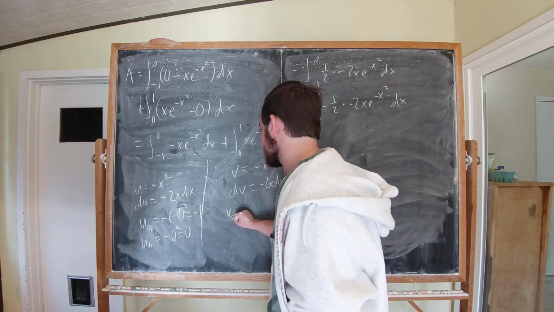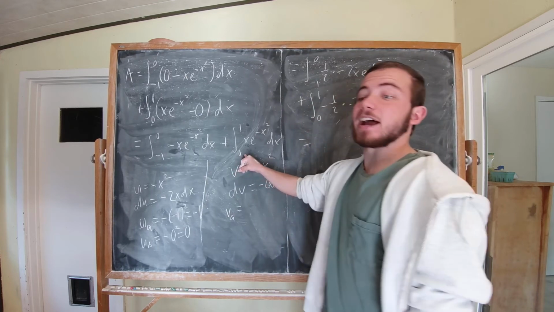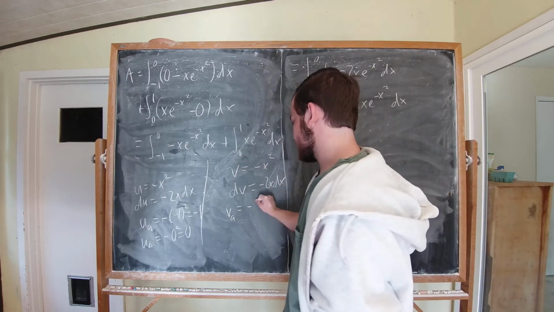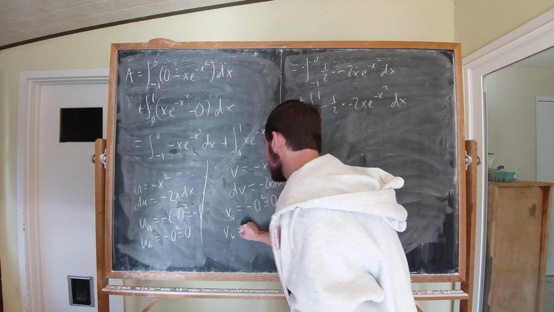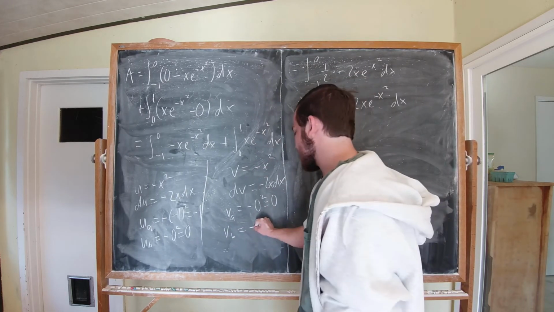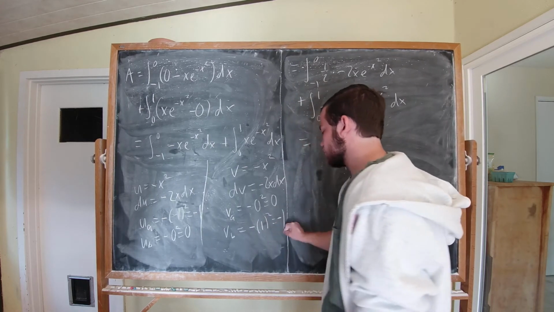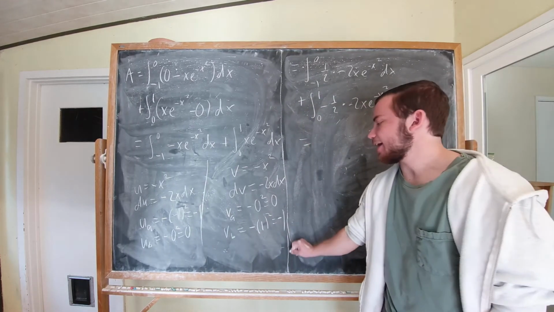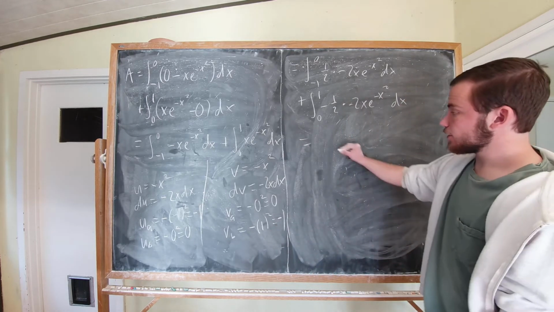Our new lower boundary is now 0 squared, which is 0, and our new upper boundary would be negative 1 squared, which is negative 1. So here we have a changed boundary point, though not on the other one.